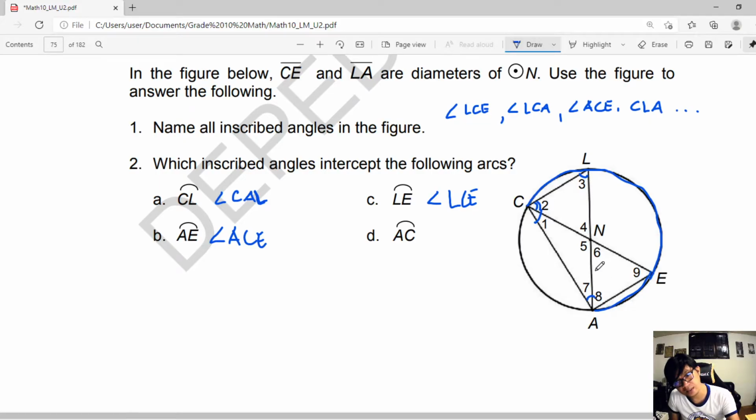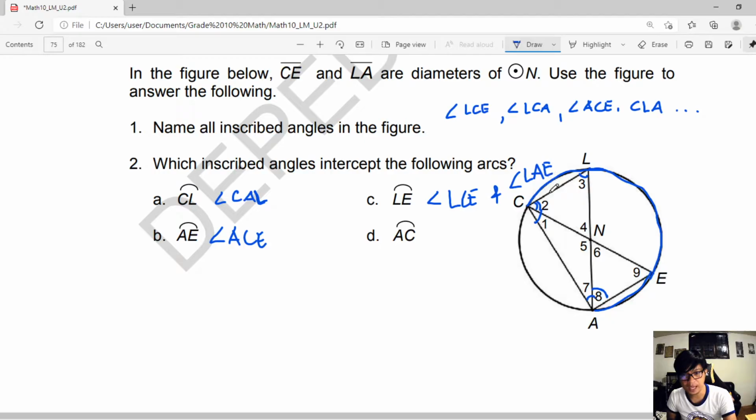Pwede ring ito. Ito yung LE. Pwede ring ito, LA. Ito yung vertex. Angle LAE. So, angle LCE and angle LAE.